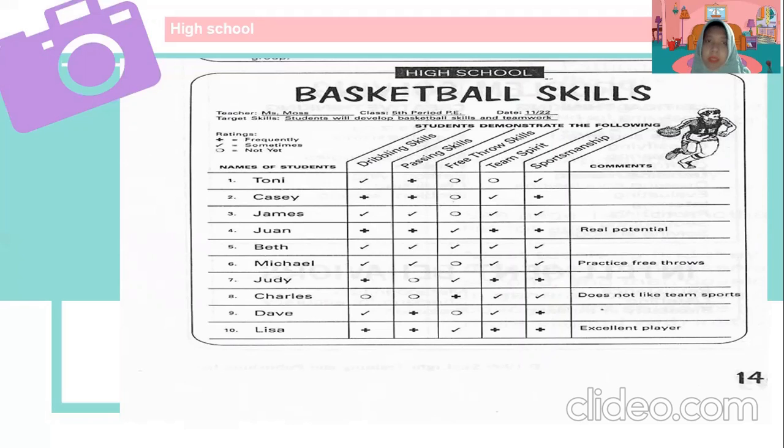The target skill that Mr. Moss wants the students to achieve is that the students will develop basketball skills and teamwork. Like the previous example, which showed that the observation checklist can be used for science, this example shows that it can also be used in PE class. So it means that the observation checklist is not only used for English, but can be used in other subjects.